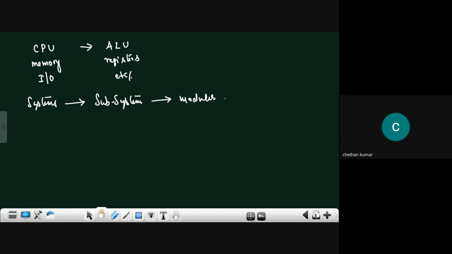Modules are designed using functional blocks. Functional blocks are designed using logic units. How do we build the logic circuits? Build the gates using transistors.